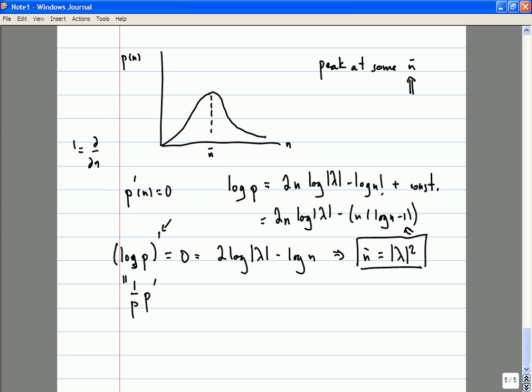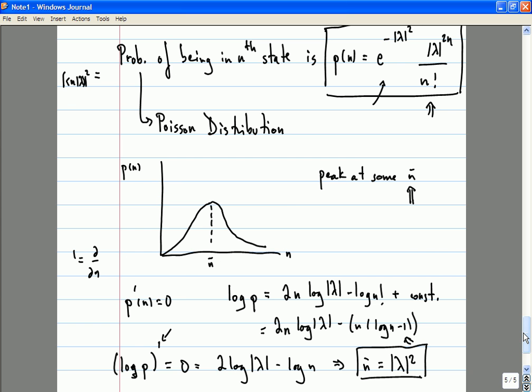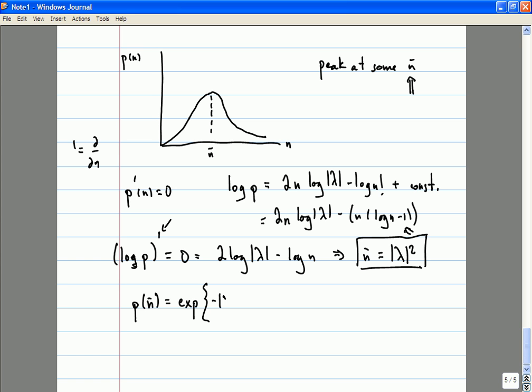So let's just compute the value of p at its peak. This is the exponential of just rewriting this formula up here. So that's the exponential of minus lambda squared. Then we have this term down here, which I'll exponentiate.